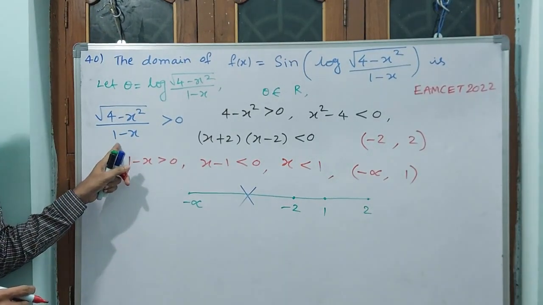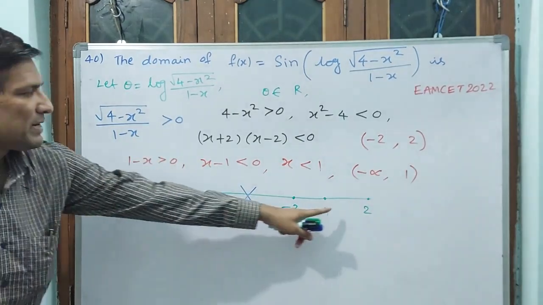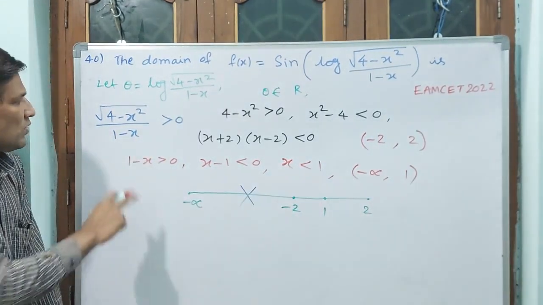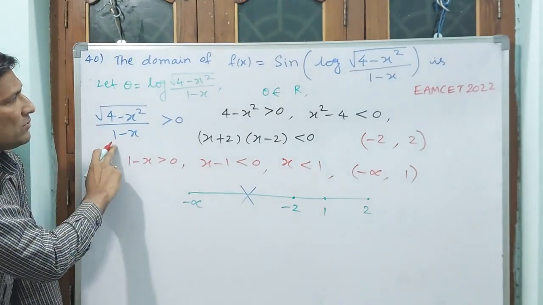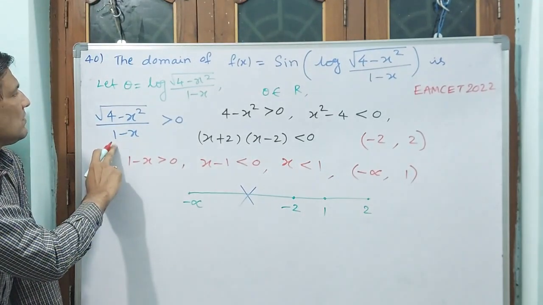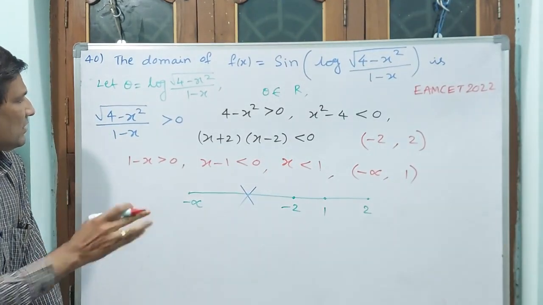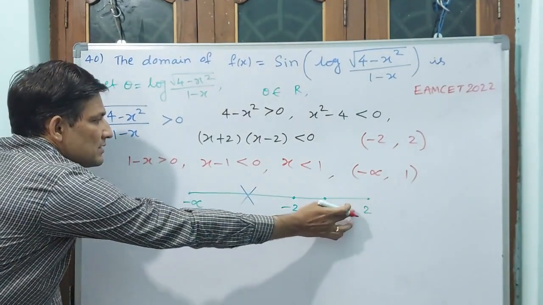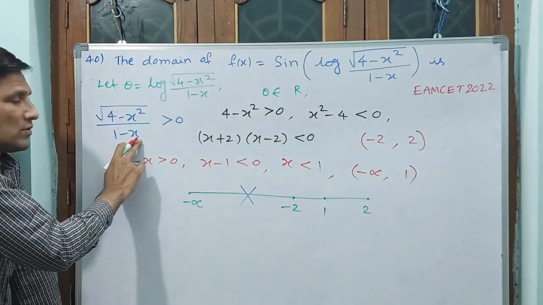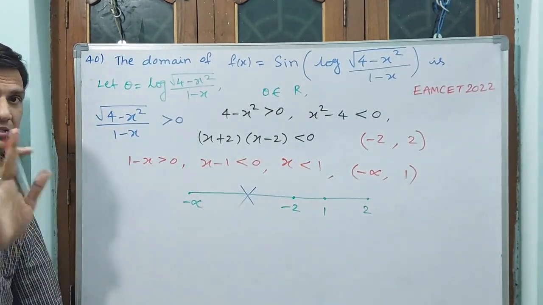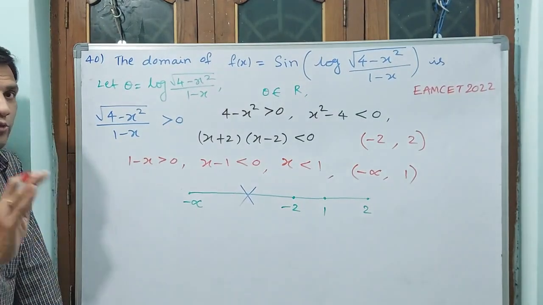Yes, 1 minus, no, plus only. Plus 1.5. Shall I do 2? 1 minus 2. No. See what will happen. 1 minus 1.5 if I give, minus it is going to become. But logarithmic value minus is not acceptable. That you keep in your mind.